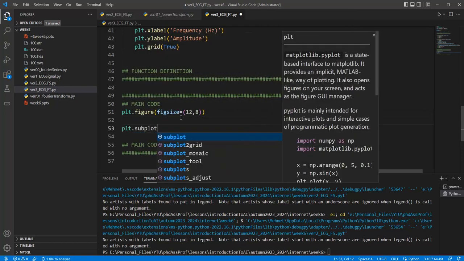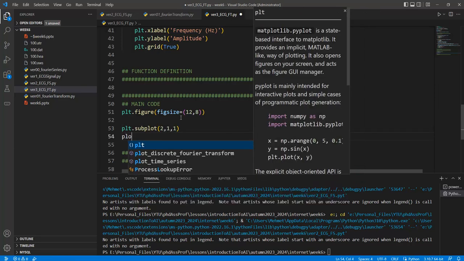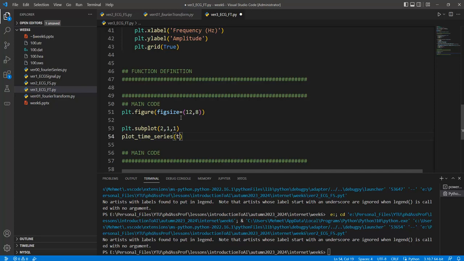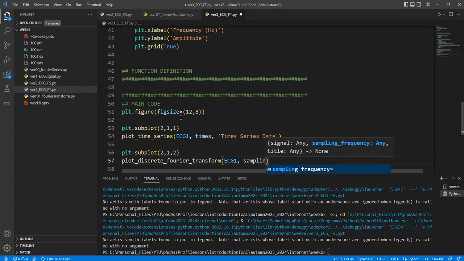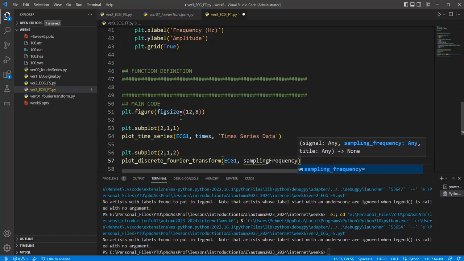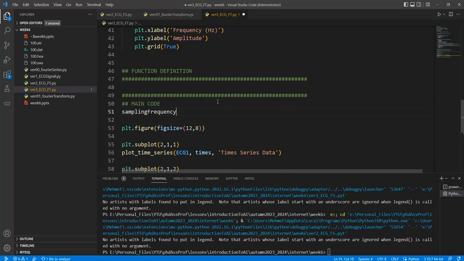And plt.subplot 211 and plot the time series with the ECG1 times and time series data in here, and plt.subplot 212 and plot the discrete Fourier transform with ECG1 sampling frequency values, which is equal to record fs, right?